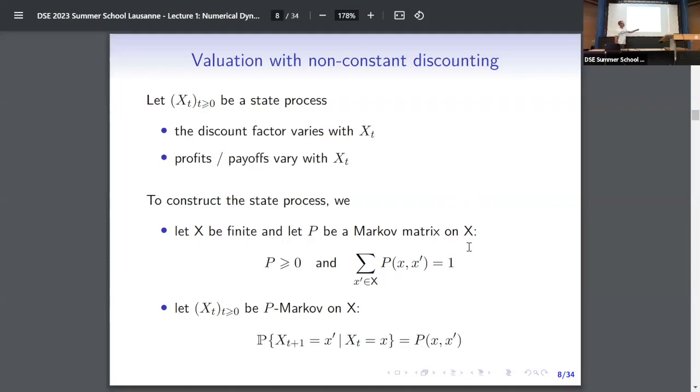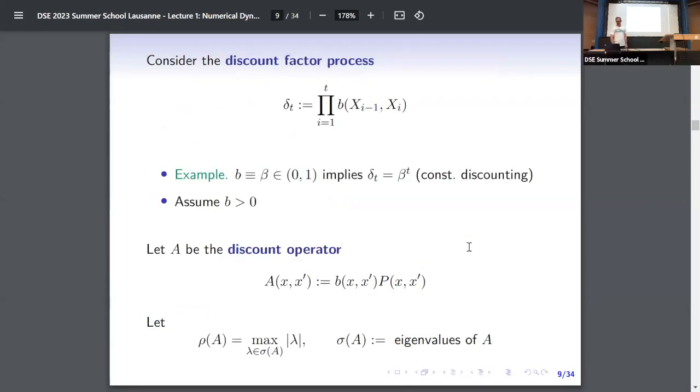And then this Markov matrix, or kind of like a transition function, if you like, is just the probability of going from x to x prime in one step, one period of time. And I'll say this is P, Markov on X. So what I mean by that is it's just a Markov chain that's driven by these transition probabilities. And I'm keeping everything finite just to make our life simple.